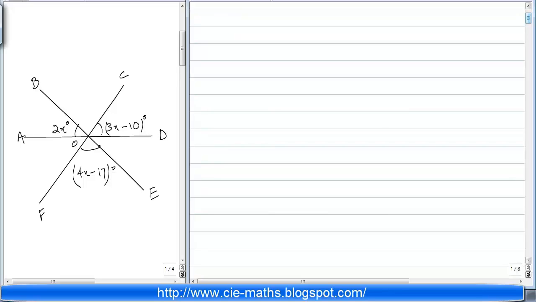First of all, I can see that there are three lines, A, D, B, E, F, C, and the center where all these lines intersect is marked O. To find the value of x, I can see that the angle BOC is equal to angle FOE, and the reason being vertically opposite angles.